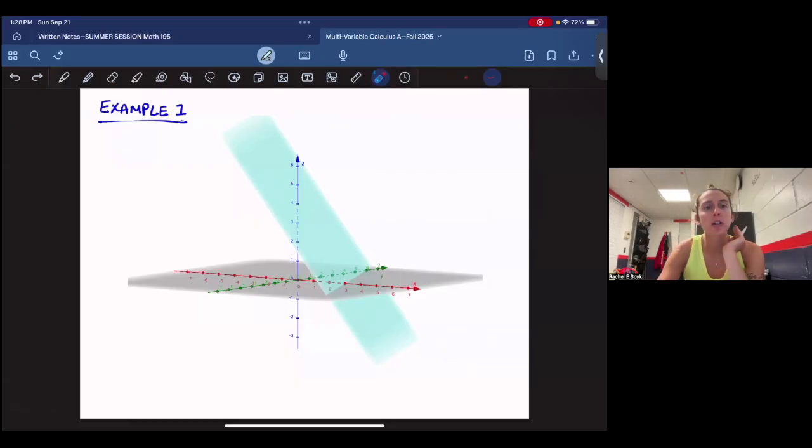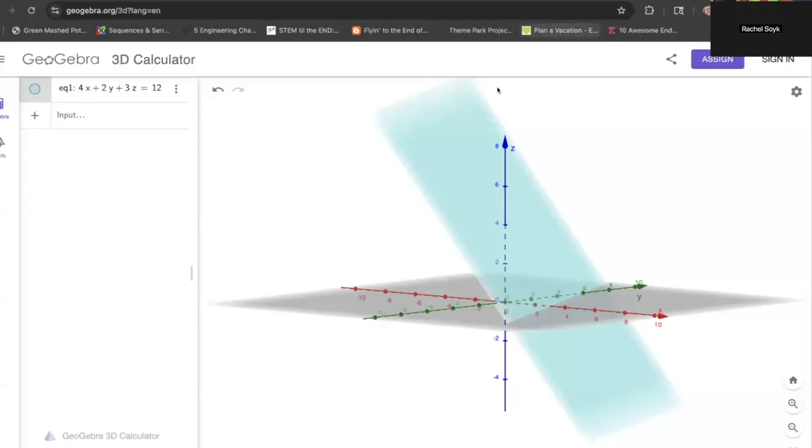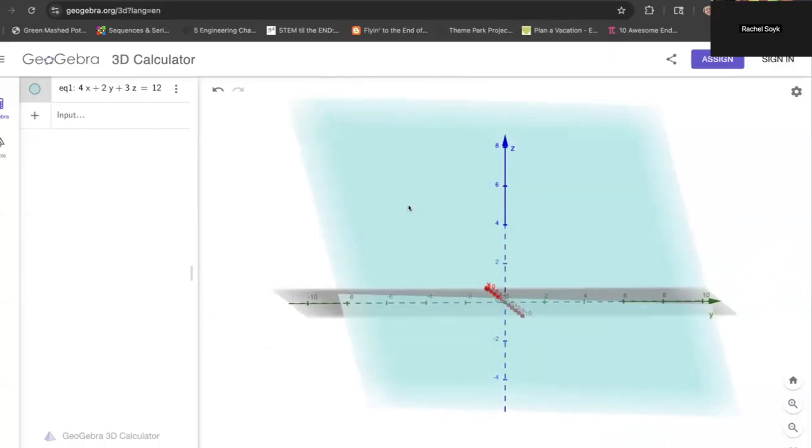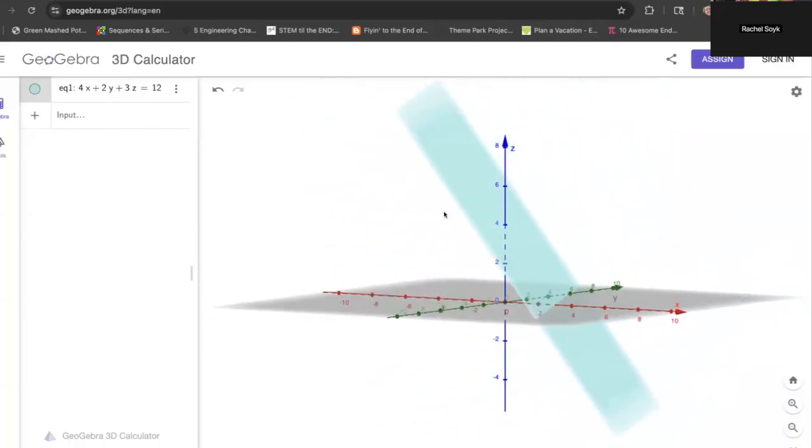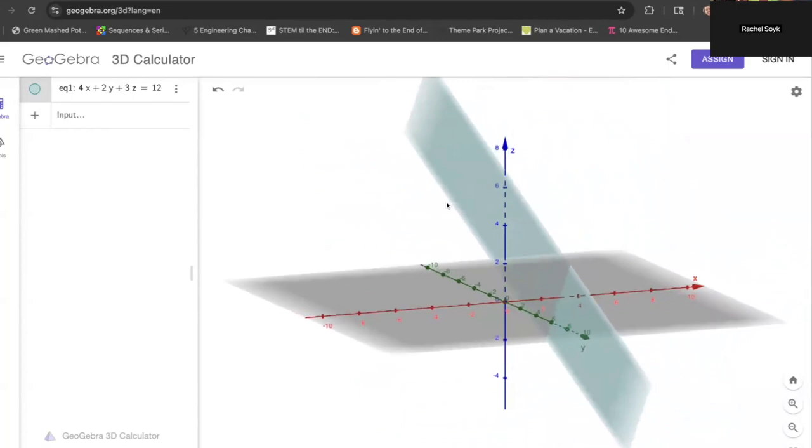Now I'm going to pause the video so that I can show you all angles of this intersection. So give me a second. All right, so here we have our plane, and if you notice, I can really move it around.